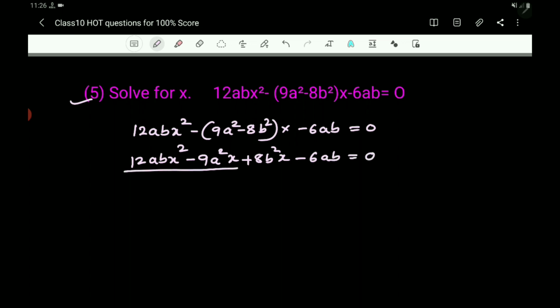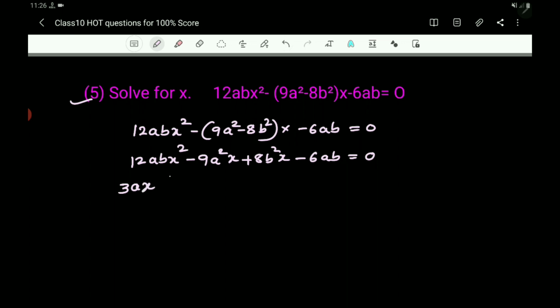Now out of these two remove common and out of these two remove common. Then this 12 and 9 is in the table of 3. So you remove 3 as a common, and a square, a is common, and x square and x, you can remove x as a common.